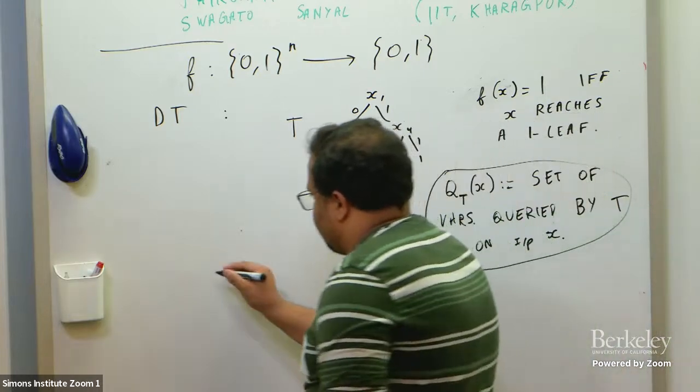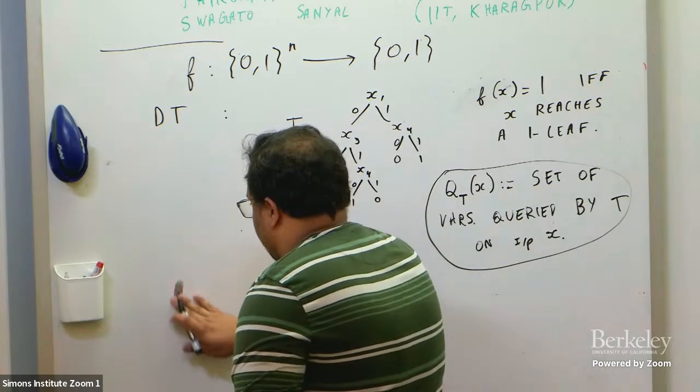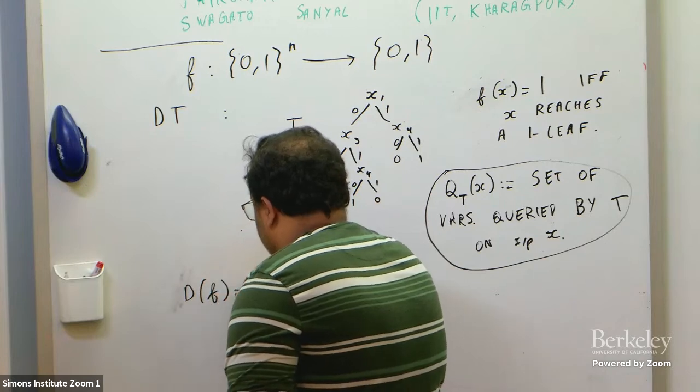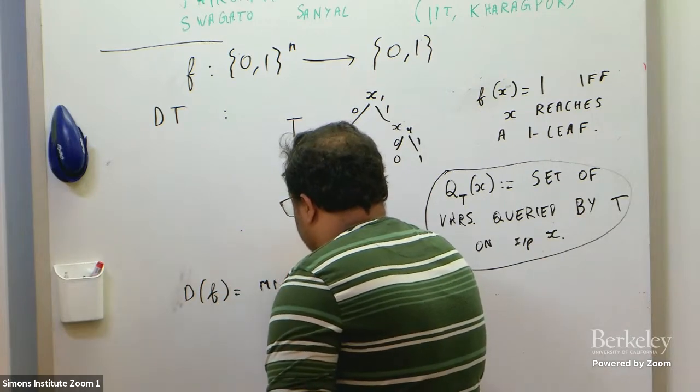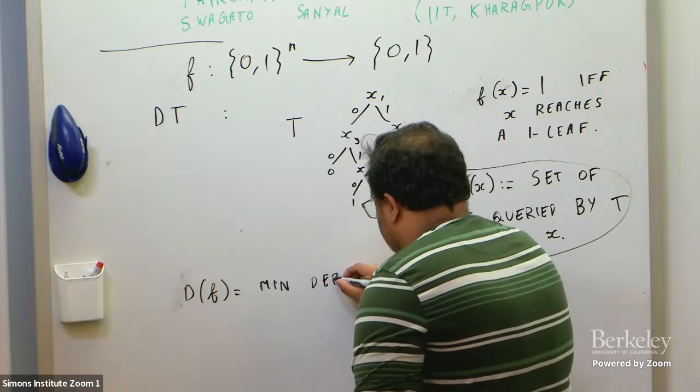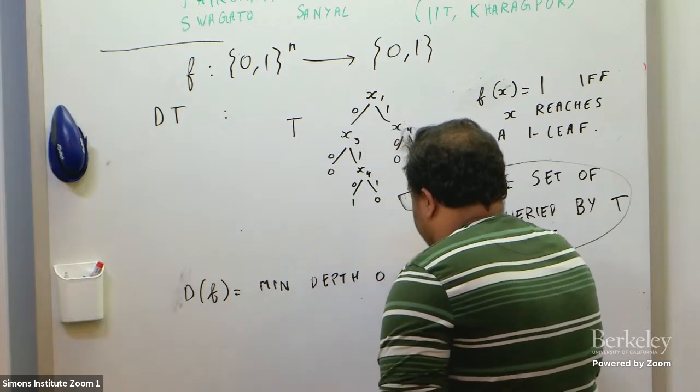So we have the natural measure of query complexity or decision tree complexity, which I'm going to denote by D. D(f) is the minimum depth of a decision tree that computes f.